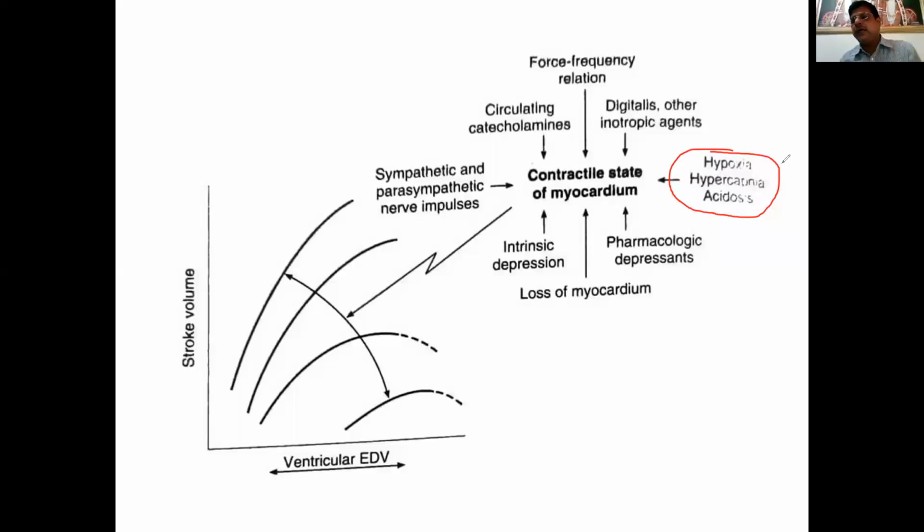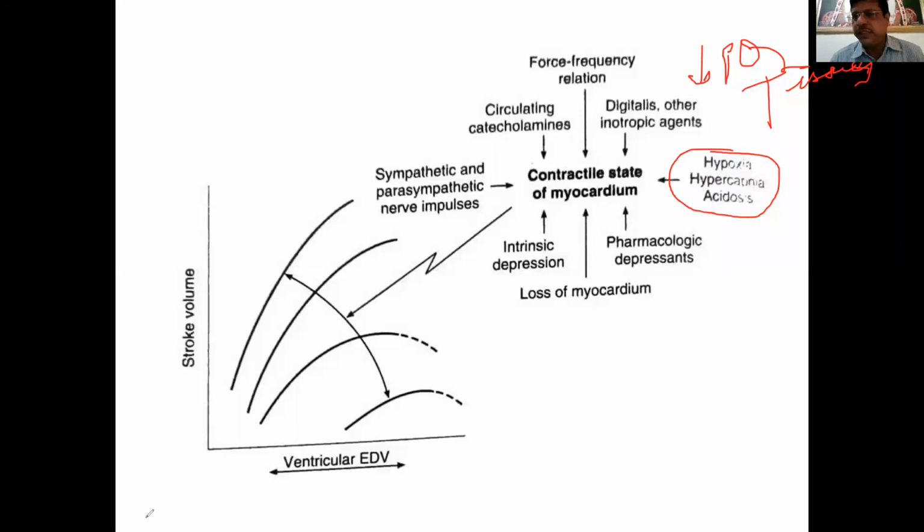Sriharika, what is hypoxia? Decrease in the oxygen levels due to the high altitude levels. Kavya? Lack of oxygen at tissue level. Hypoxia means decreased partial pressure of oxygen in the tissues, whatever may be the cause. Okay, in the tissues, that is called hypoxia.